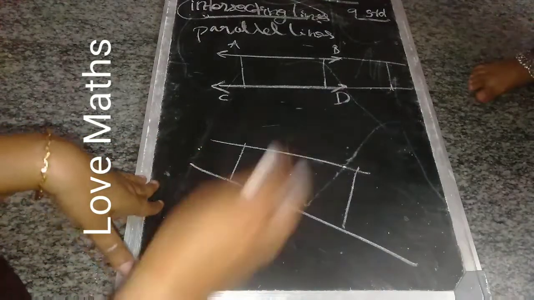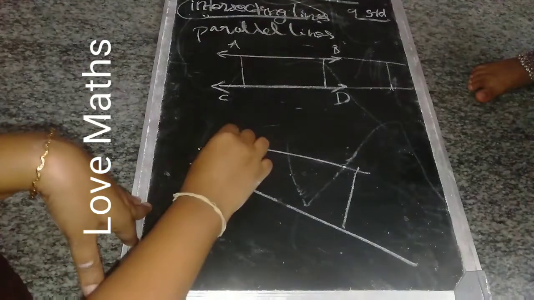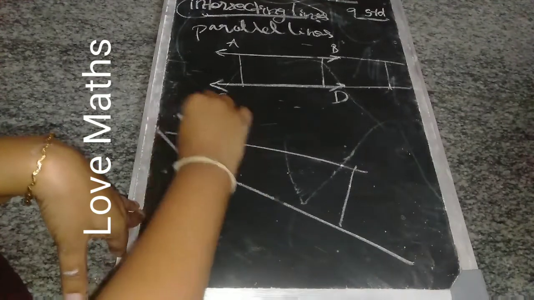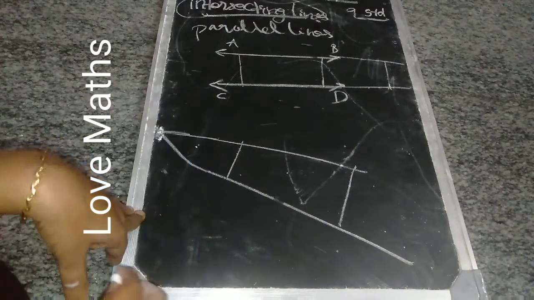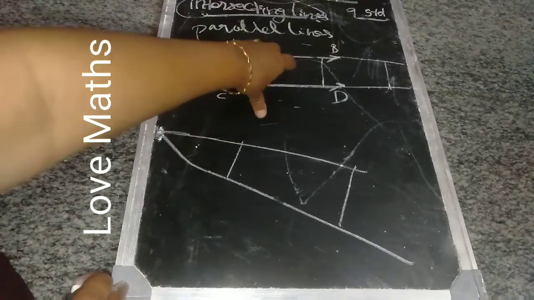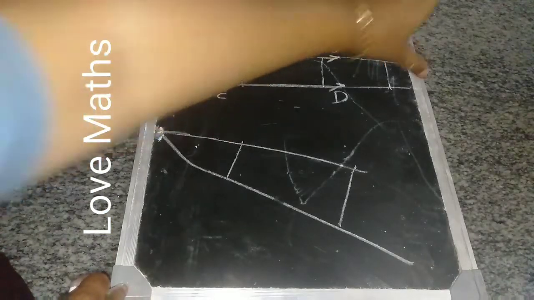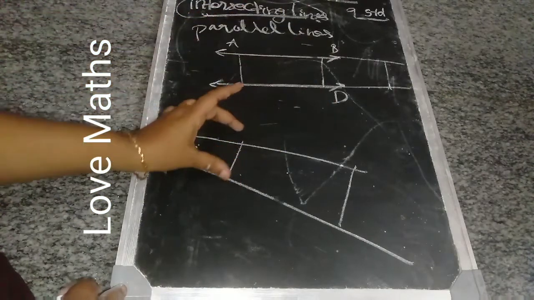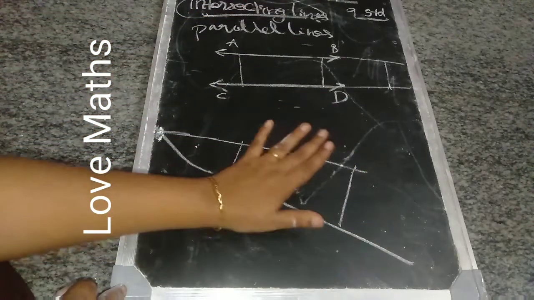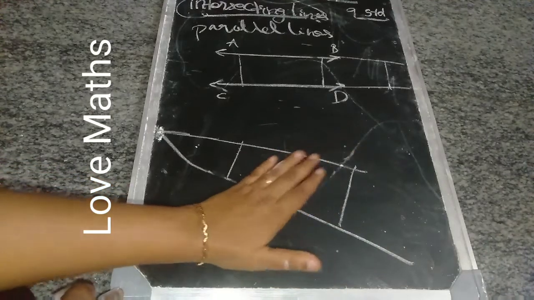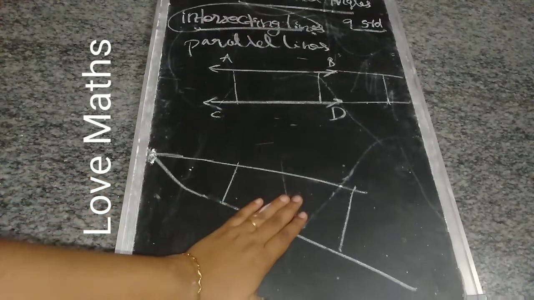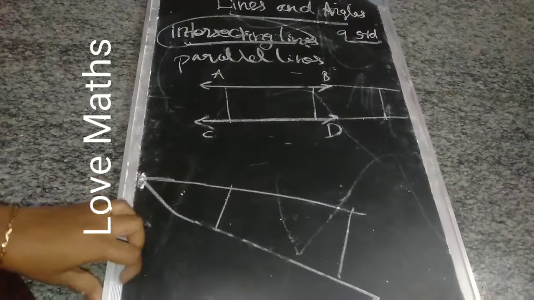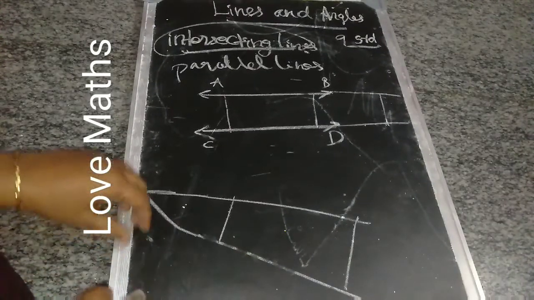Somewhere, if you extend them like this, they intersect. So to find out whether two lines are parallel, the distance will always be equal. The distance between two parallel lines is always equal. Here, where the distance is not equal, it is completely a non-parallel line. We have seen so many definitions. You can understand easily. Thank you, children.